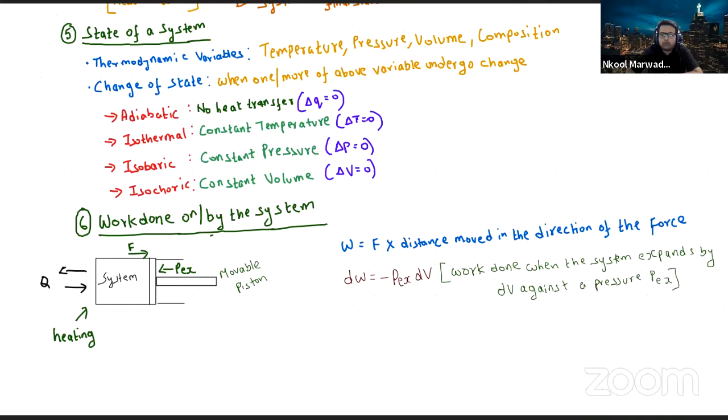Now, if I want to find the total work, I know that I have to integrate it. If I integrate dw, the total work is the integration of minus Pex dV from V initial to V final.